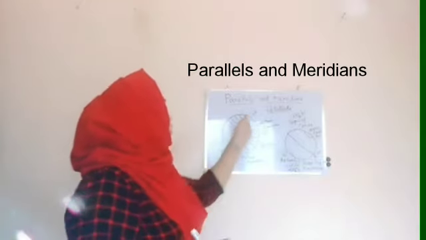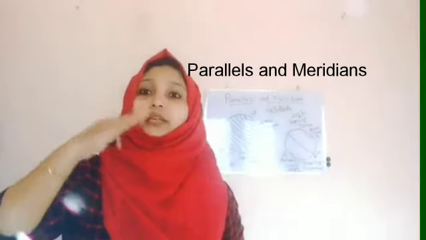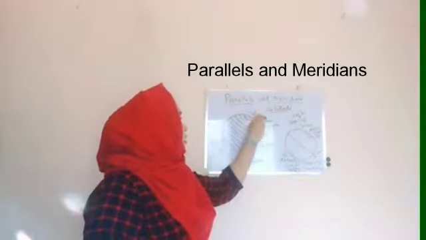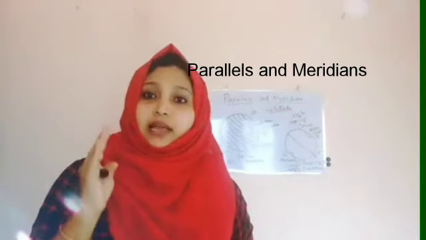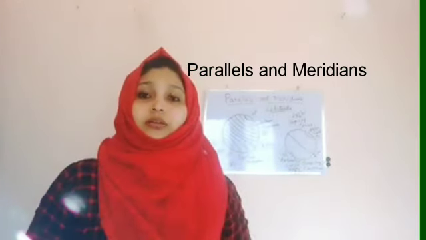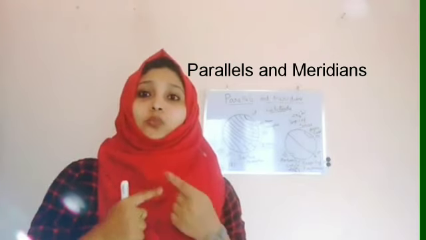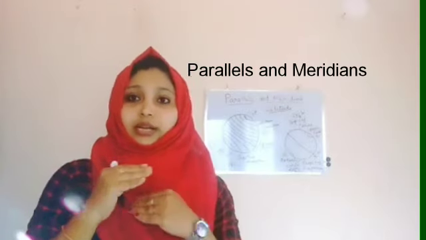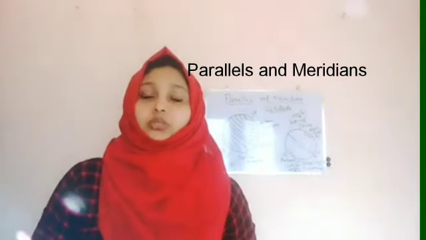And when we move towards the poles from the equator, all parallels decrease in size, in length. That is one of the features. And next one is that parallels do not cross or touch one another. They keep their own distance, 1 degree distance. Okay, so just remember the features also.